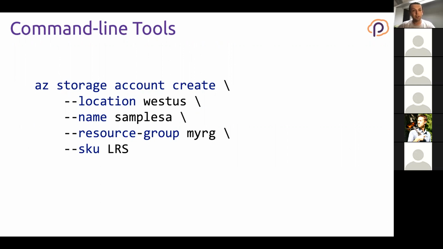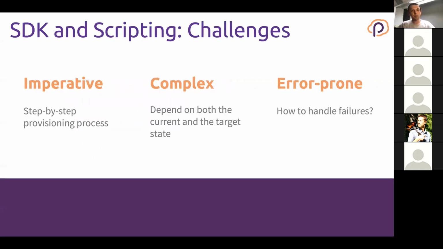If you are more from an operations background, you will probably use a CLI tool to create resources, but it's the same thing. Instead of writing programs, you write bash scripts or PowerShell scripts, and then you call commands from that script. And both SDKs and scripts have a bunch of challenges.